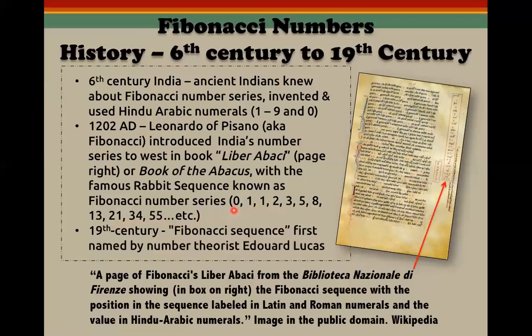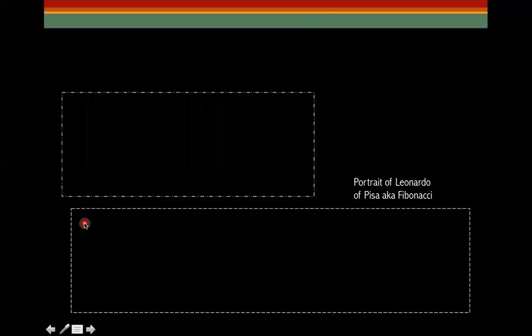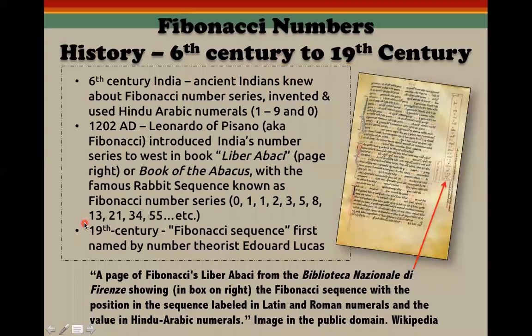The sum of the first two gives you the next number, and that's how you get each number thereafter. In the 19th century, the Fibonacci sequence was first named such by number theorist Edward Lucas.